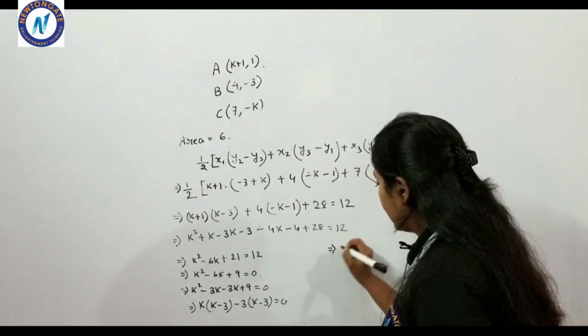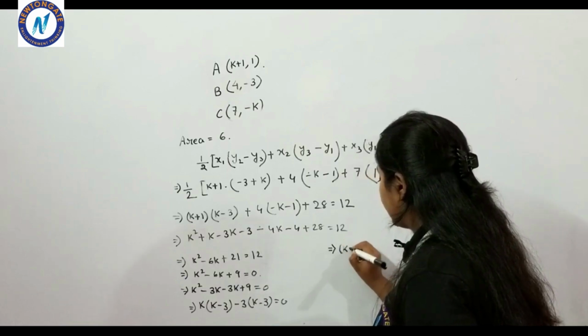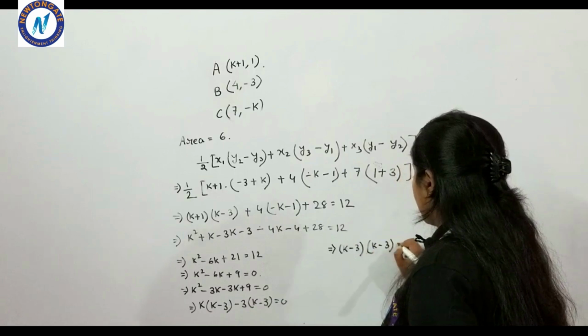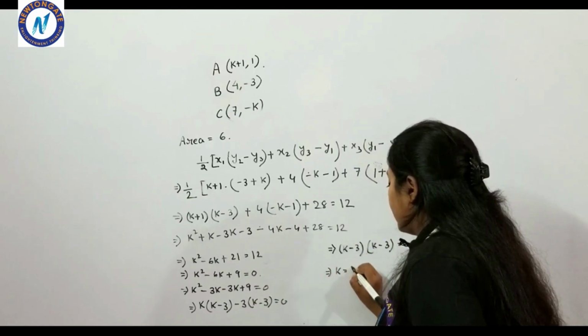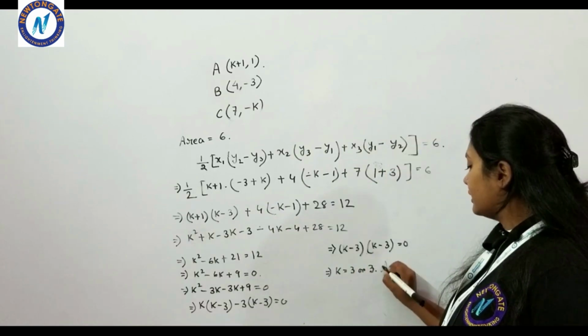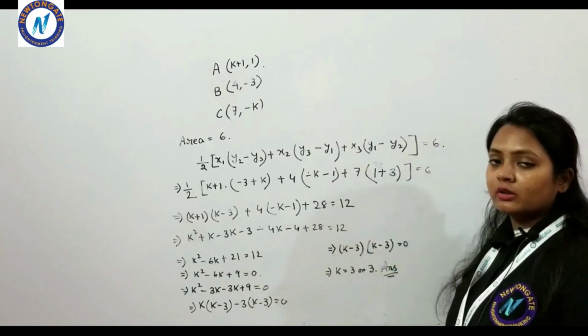Then we will get k minus 3 into k minus 3 equals 0. Then the value of k is 3 or 3. That is the answer of question number 4. Now we move to the next question, question number 5.